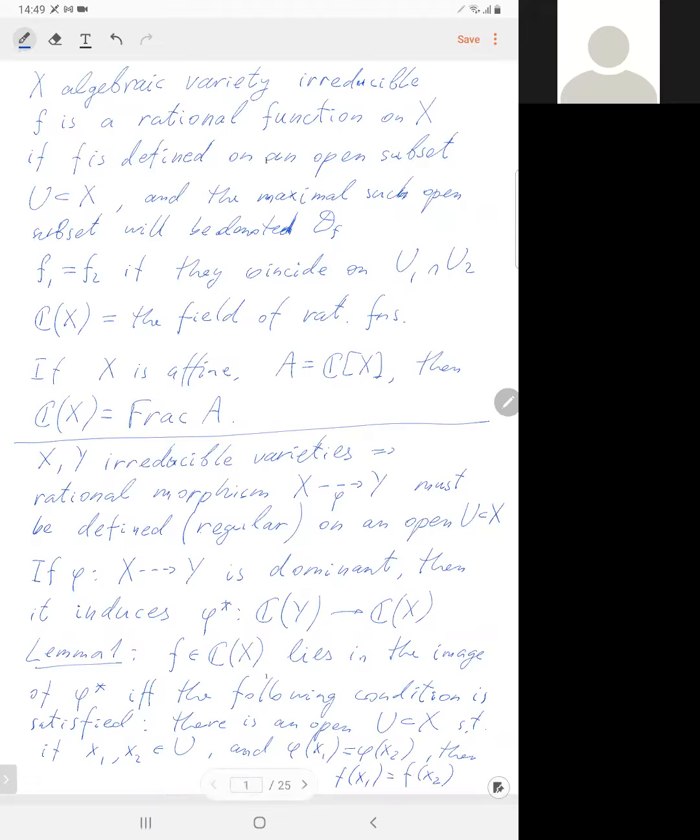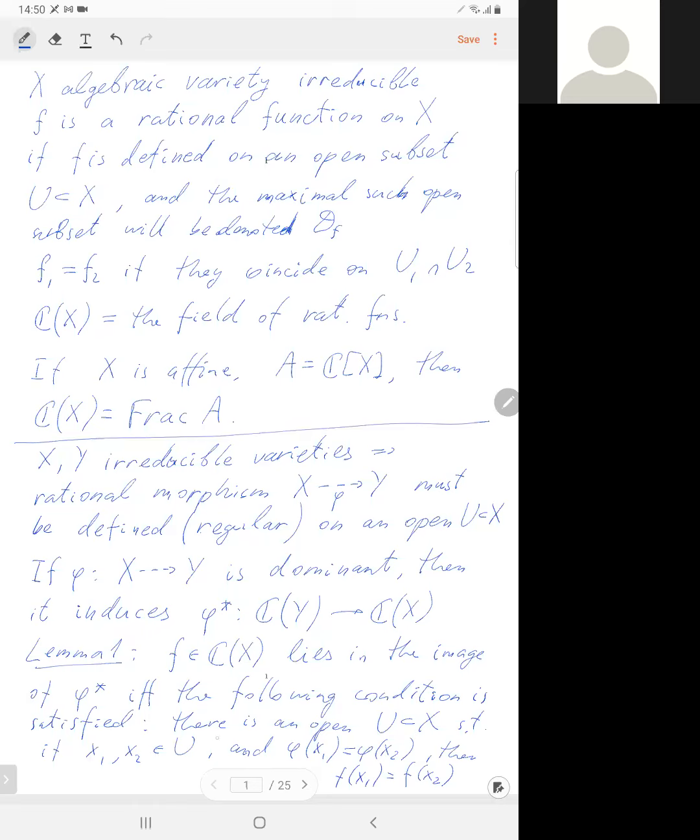So for any x1 and x2 in the domain, if they are glued by this morphism phi, then the values of function f are the same. It looks very natural.